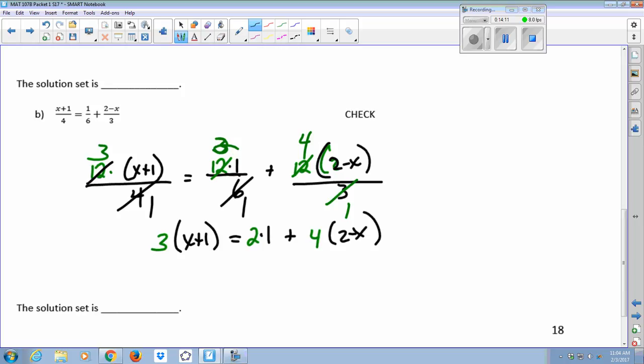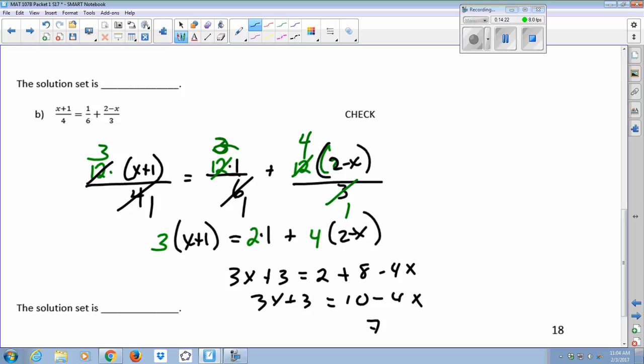All your denominators are 1, so it's 3x plus 3 equals 2 plus 8 minus 4x. 3x plus 3 equals 10 minus 4x. 7x equals 7. X equals 1. You're done. Okay? Your book asks you to put all your answers in a solution set. So when you put this in MyMathLab, you'll have those curly braces with the number 1 inside of it. Okay?